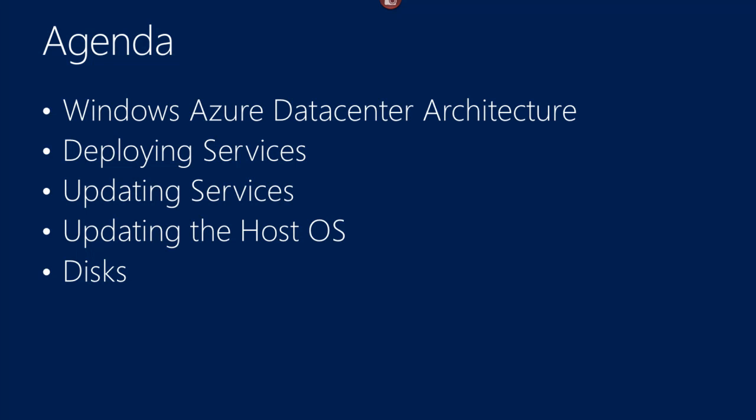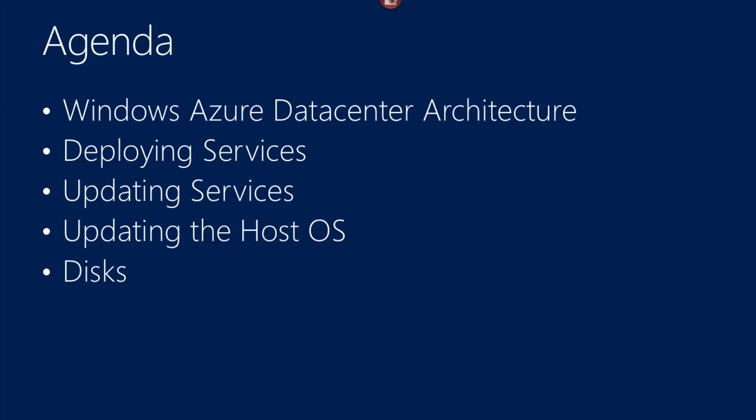What steps does the platform go through? What happens when we roll out a new release of the hypervisor through the data center, how we orchestrate that. And then finally, I'll spend the concluding part of the talk about disks, local disks on the servers for platform as a service, as well as the infrastructure as a service, persistent disks, and the different performance characteristics, size characteristics, and how they work underneath the hood.